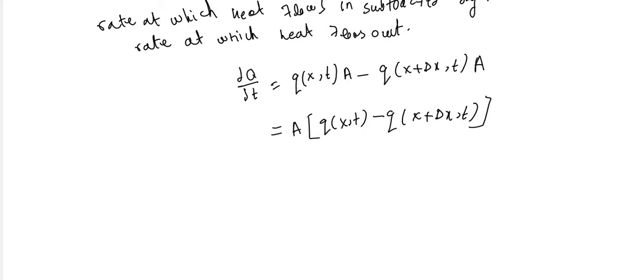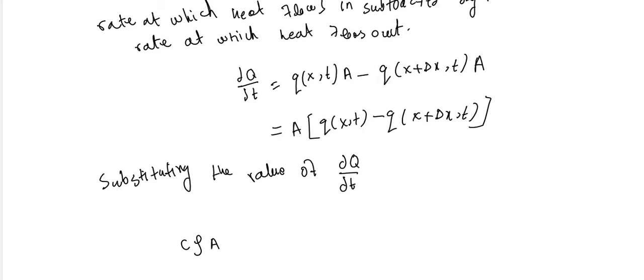So let's write it here: substituting the available value of dQ by dt in the above equation, you will have c rho A delta x times the partial derivative of u with respect to t, and your u is dependent on x and t.